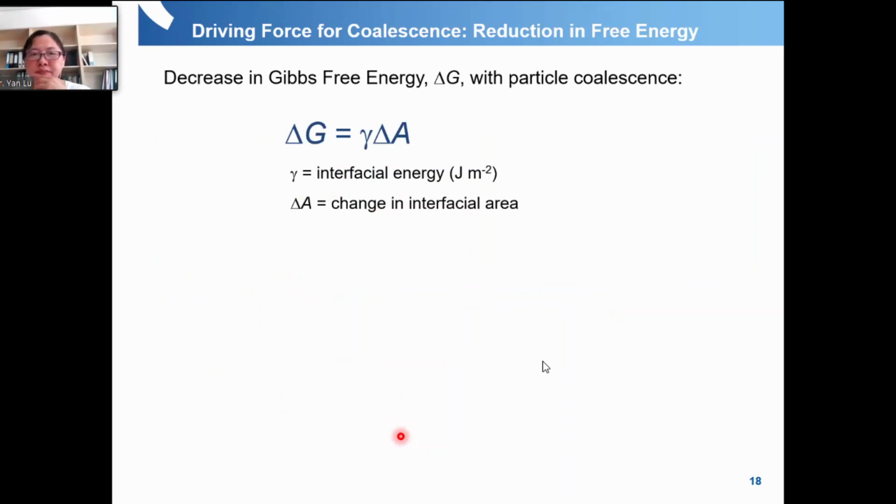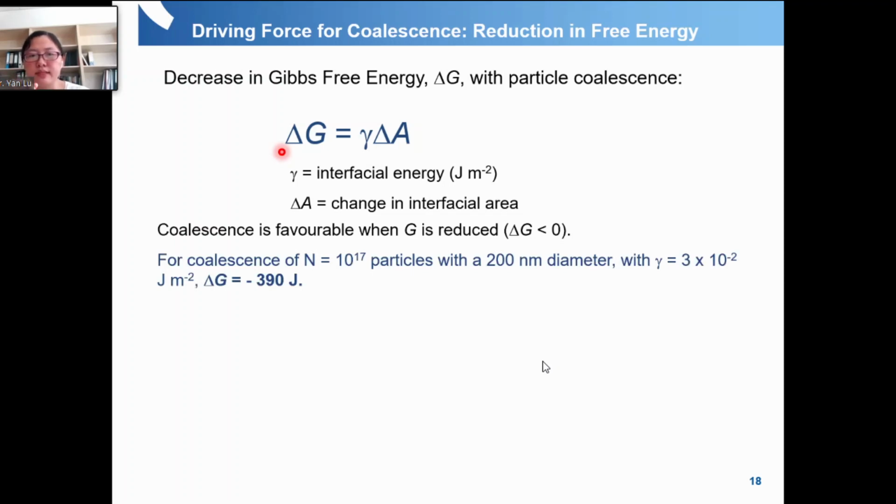And the decrease of this surface area is also related to the Gibbs free energy of the system. So you also get a decrease in the Gibbs free energy when the particles coalesce. Here you can use this equation to calculate the change of the Gibbs free energy.